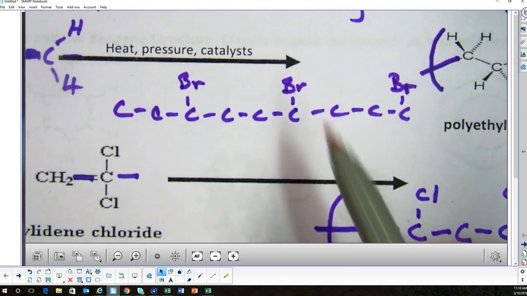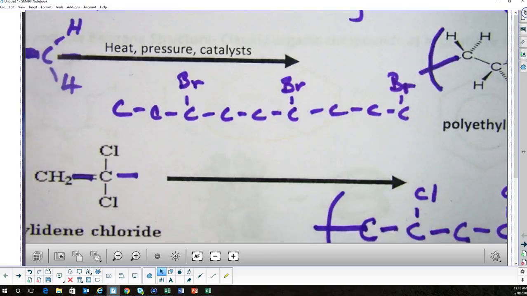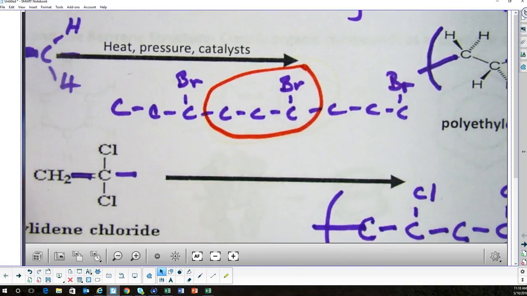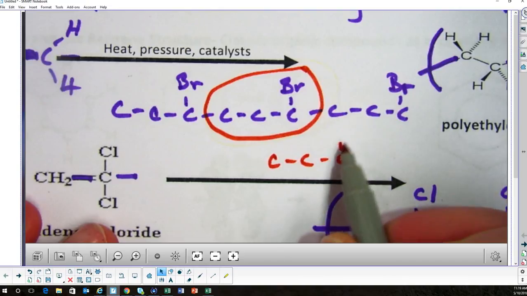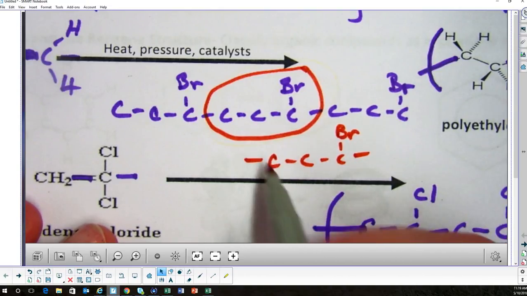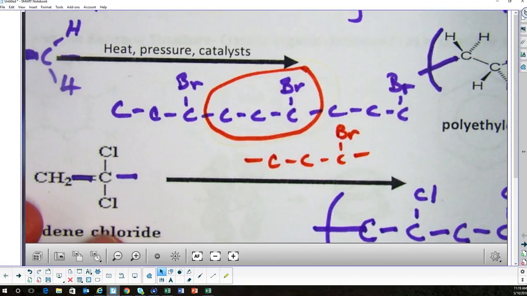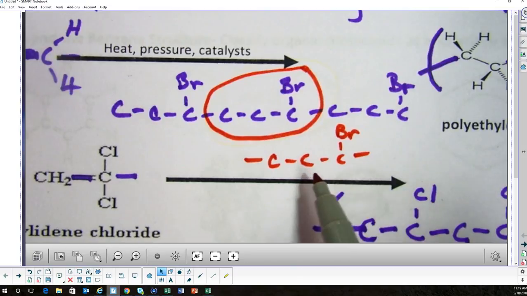If I look at it, this right here, and my yellow is not working. Try orange. This right here is what is repeating, right? So that's what I would put, C, C, C, Br. That's my monomer. Now, how do I know what's going to happen with that monomer? Well, I've got to go back and ask what made that up.